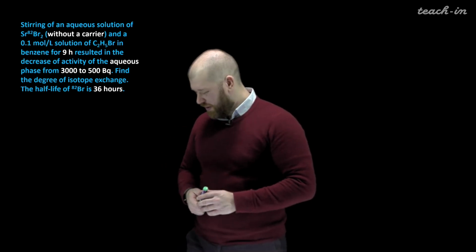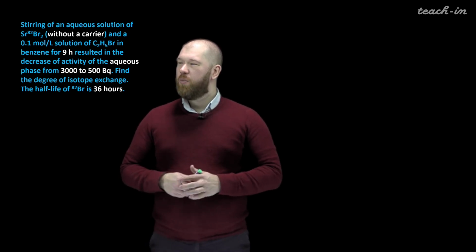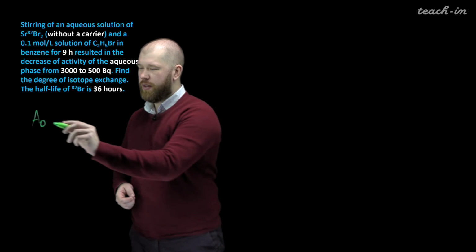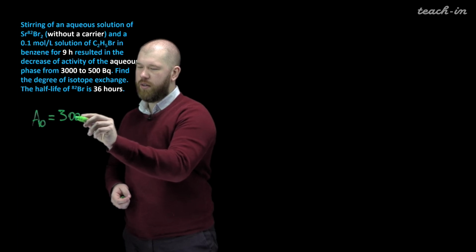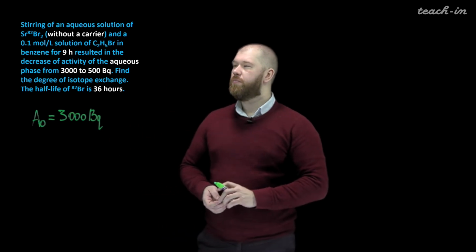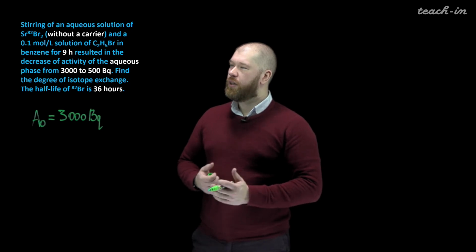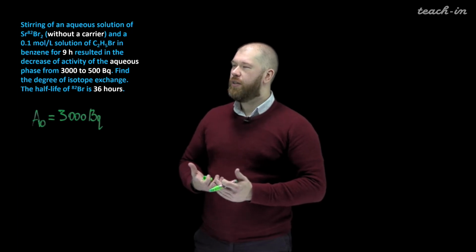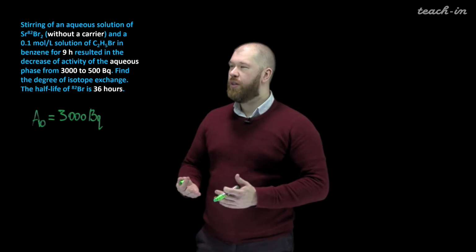Very simple from one point. So what do we know at the beginning? We know the initial activity of our aqueous phase, that is equal to 3,000 becquerel. How to calculate the activity of the aqueous phase at the end, when the equilibrium will be reached?